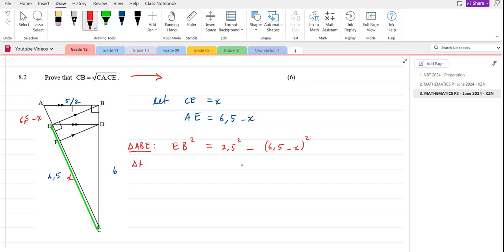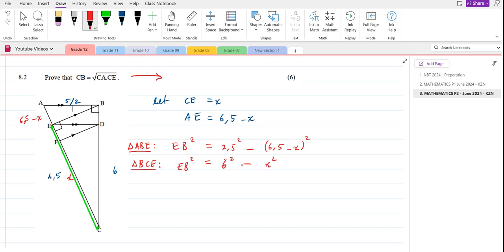In triangle BCE, I can say that EB squared is equal to, which becomes the hypotenuse, 6 squared minus x squared.